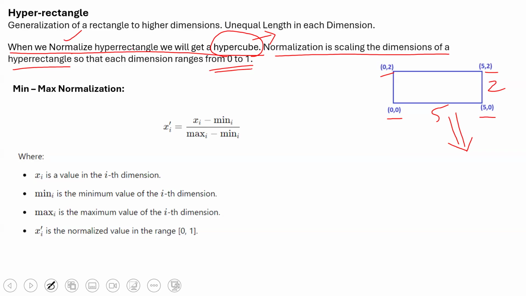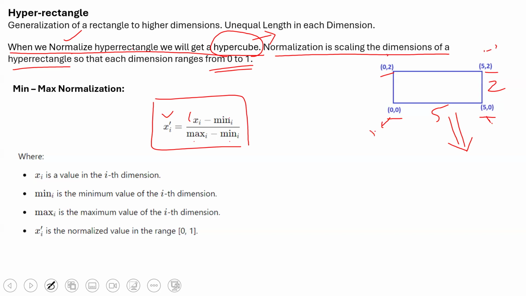Okay. Now how to do that normalization is just use this formula: xi bar is equal to xi minus min by max minus min. What is this min and what is this max? We already know xi. We want to find xi bar, which is the normalized dimension. Here the xi is 0, here the xi is 5, here the xi is 5, and here the xi is 0.